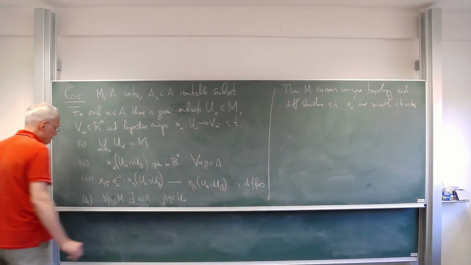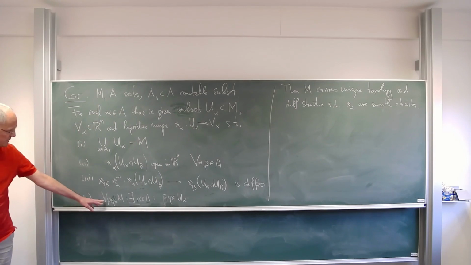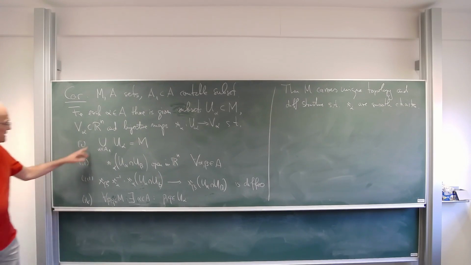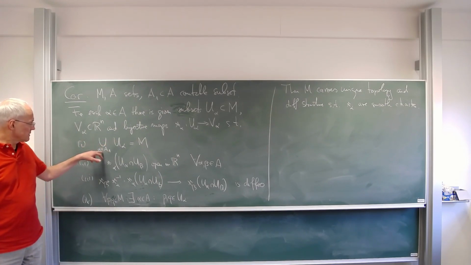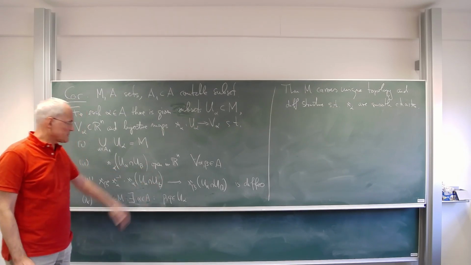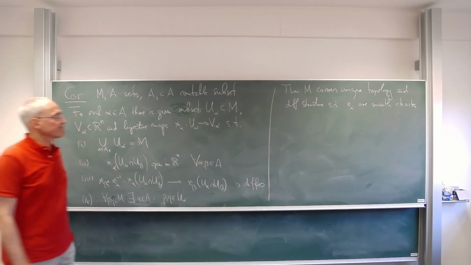So the Hausdorff property is hidden in here. The countable basis of the topology is hidden in the first statement because we can do with a countable set of charts, and these transition maps are smooth, which gives us a manifold structure.